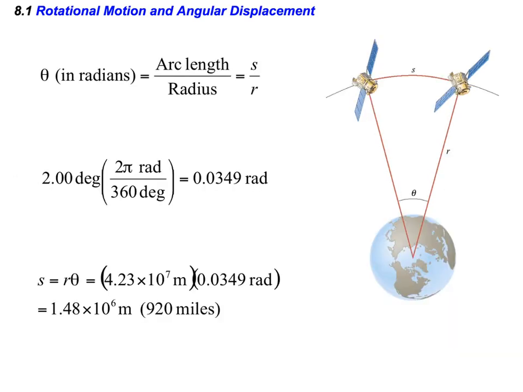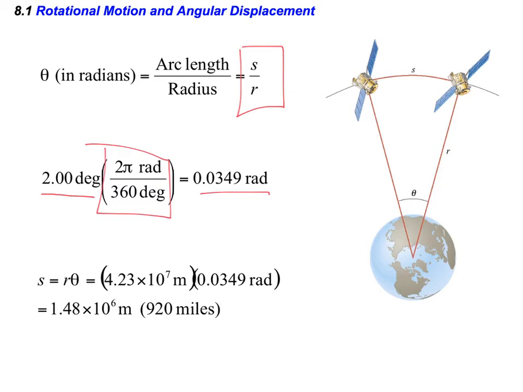So in order to do this, we need to look at the angle, knowing that it's going to be the ratio of the arc length to the radius. But first things first, we do need to convert. We are given an angle in degrees, so we convert to radians by multiplying by pi over 180 or 2 pi over 360 to get an angle of 0.0349 radians.